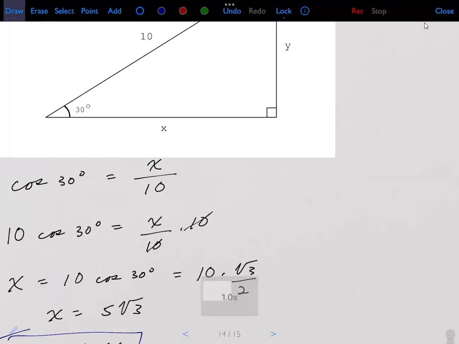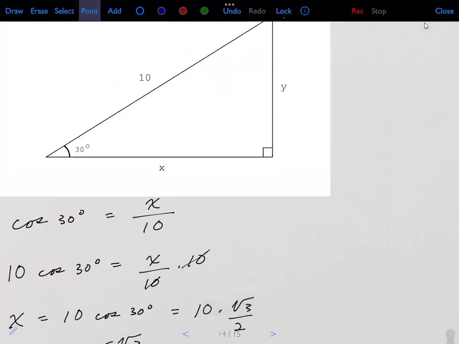Now y, if you look at this picture again, the y is opposite of the angle here, and we know the hypotenuse. So what trig function involves opposite and a hypotenuse? That's going to be sine, right? So sine of 30 degrees equals opposite y over hypotenuse. And then again, if I multiply both sides by 10, I can solve for y.